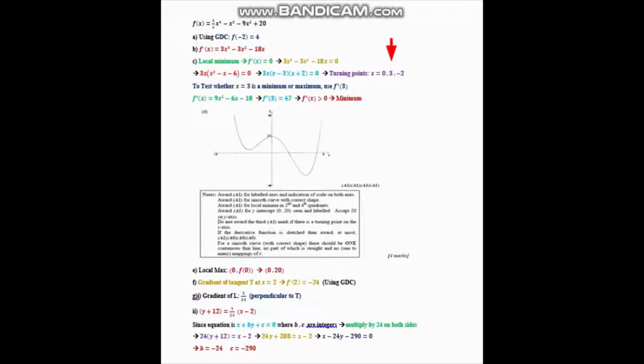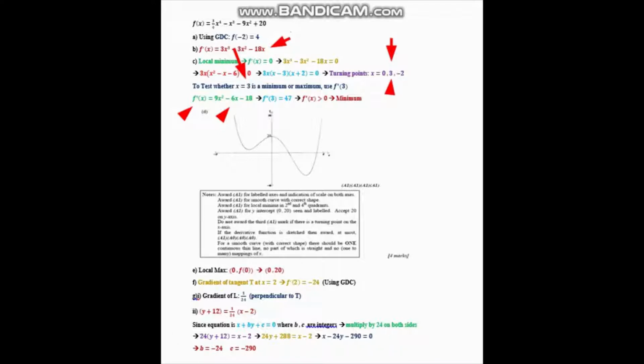So we shall conduct the double dash test. In order to do that, I shall differentiate this red function right there, obtaining f double dash of x, which is 9x squared minus 6x minus 18. Then I shall plug the x coordinate of the turning point that I want to test into f double dash.